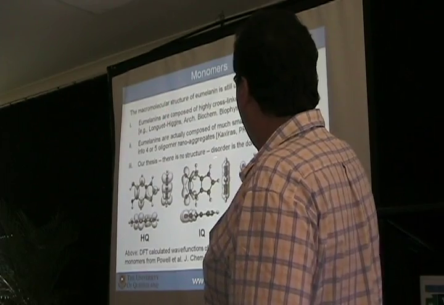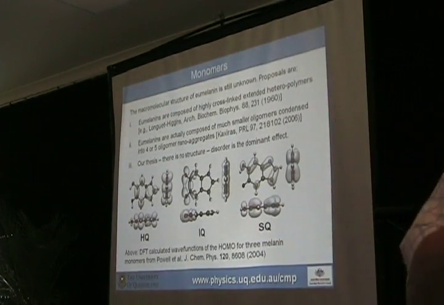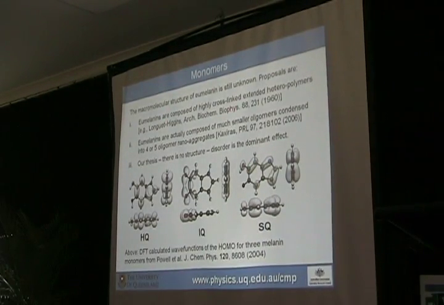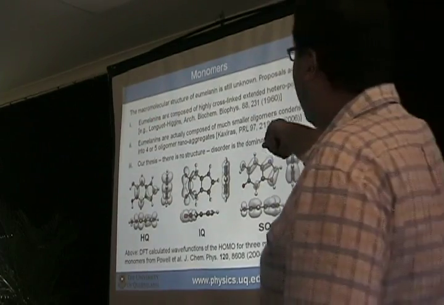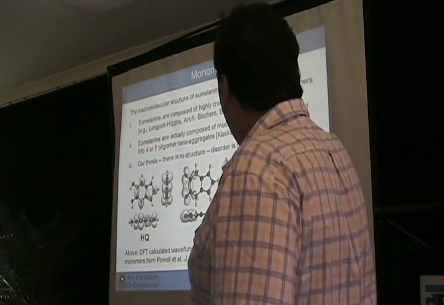Basically there are three models in the literature about what's going on. The oldest is that there's a highly cross-linked extended heteropolymer that ends up giving you semiconductor functionality.